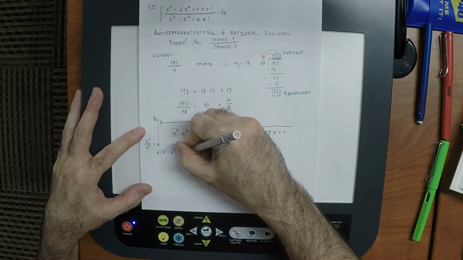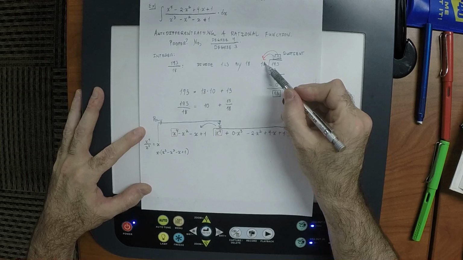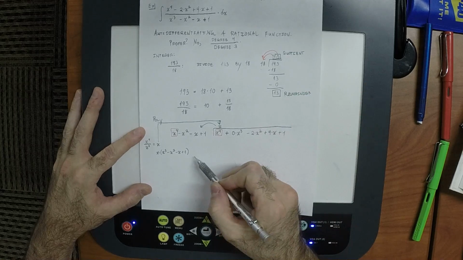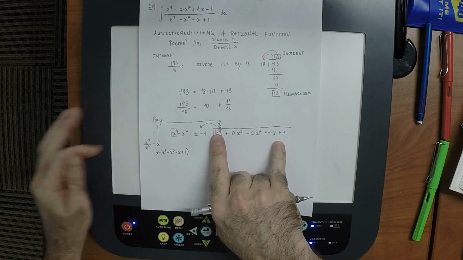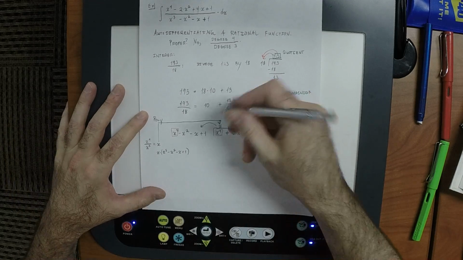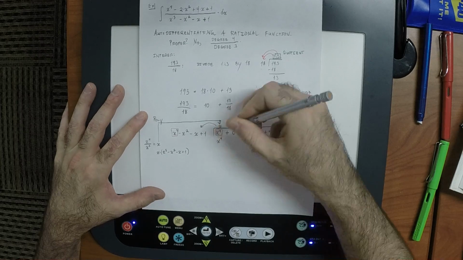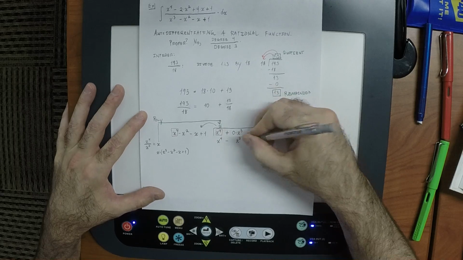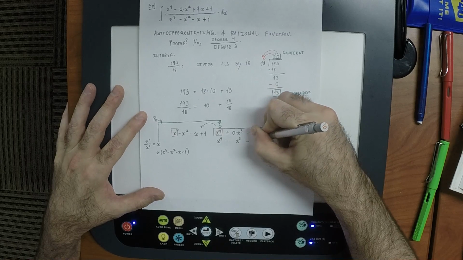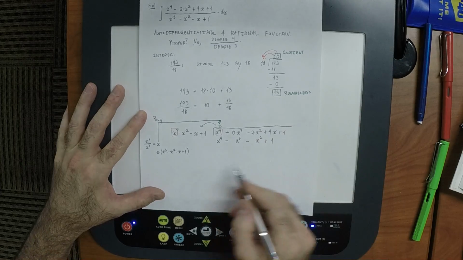That's x plus 1. So that's just like 1 times 18 and 0 times 18. You multiply that out and collect like terms. You write it under the current dividend. So if you multiply that out and write it right here, you need to make the terms line up. So that'd be x to the 4, and then subtract x to the 3, and then subtract x to the 2, and then add an x.